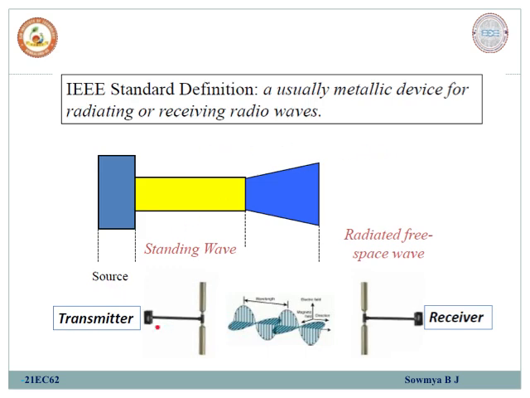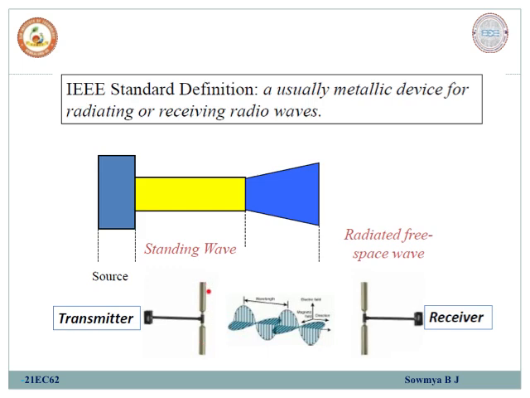In the transmitter section, we have a component like this, and in the receiving section, we have a component like this, and this is the transmission of the electromagnetic wave or the radio frequency wave. This component represents the source, and this horizontal line represents the guiding of the signal in this path, which is made up of a metallic device, and in such a case the signal is called a standing wave.